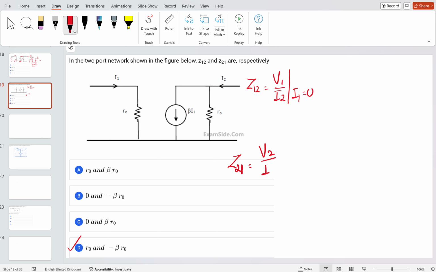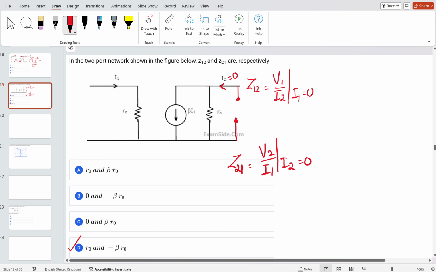Z21 is V2 by I1 at I2 is equal to 0. It means I'm open circuiting this circuit here. So I2 is 0 here, and V2 is what is asked. There will be no current I2, so beta I1 which is flowing here will simply flow in this loop.